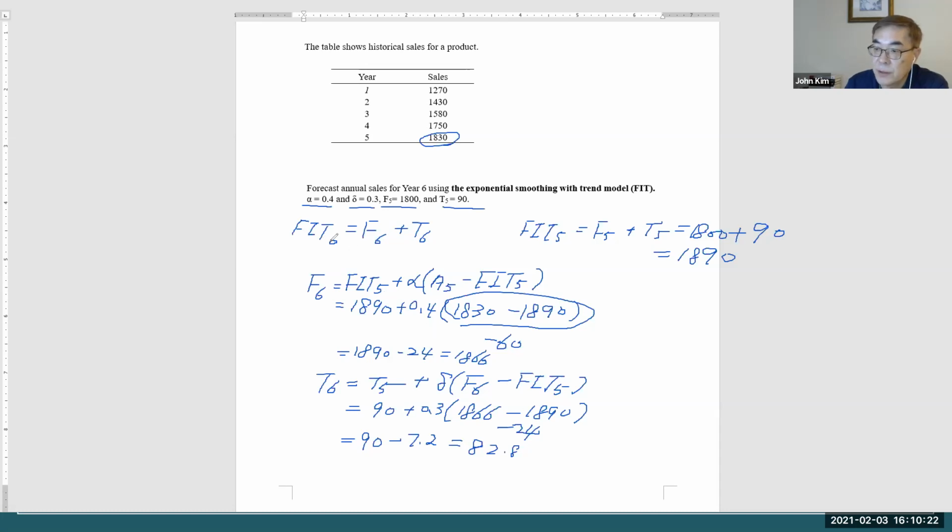So FIT6 equals 1866 plus 82.8 equals 1948.8. So this is the answer.